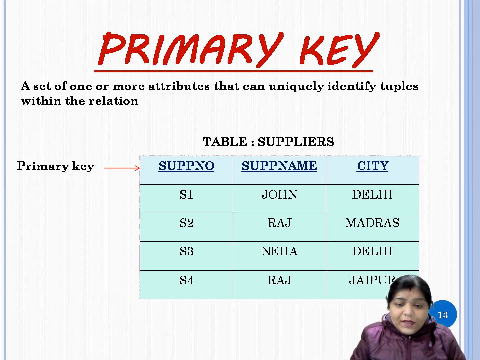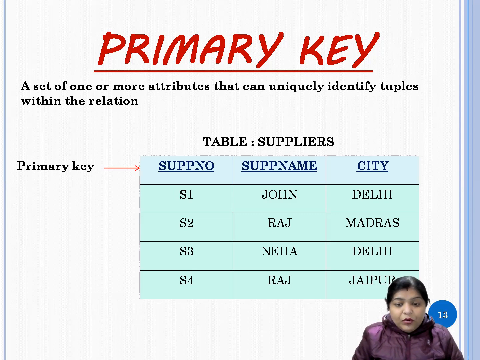Supplier number is uniquely given to all the suppliers. So this has to be made the primary key, because if we know supplier number 2, we can simply find out the whole detail of that supplier 2. So the column which uniquely identifies the whole row always becomes a primary key.